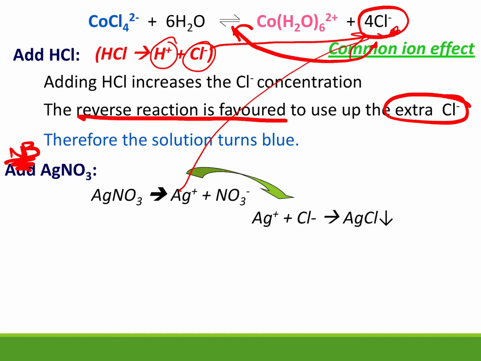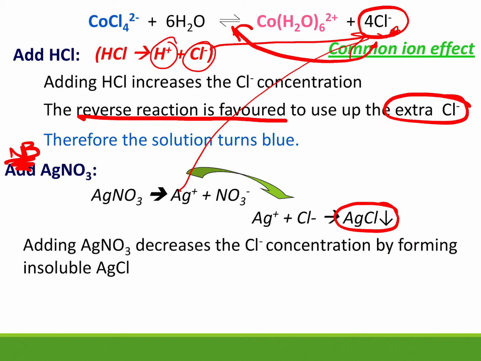The problem is that silver chloride is insoluble, okay? So the silver chloride comes out of the system. So what we've actually done by adding the silver nitrate is we've found a way to get the chloride ions out of the system, okay?